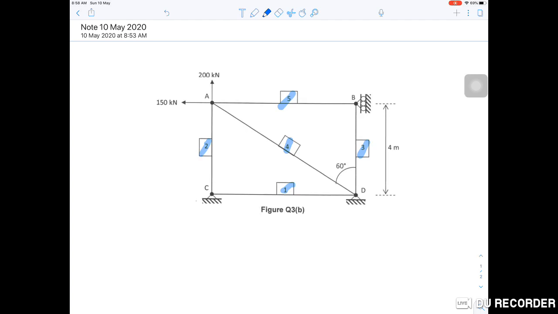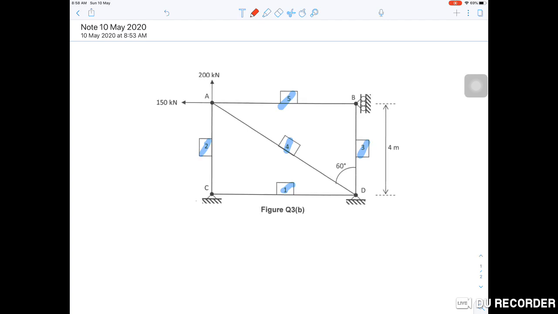Okay, so now I need to put the label for degree of freedom. By looking at this diagram, there are four joints or four nodes, and there are three supports.